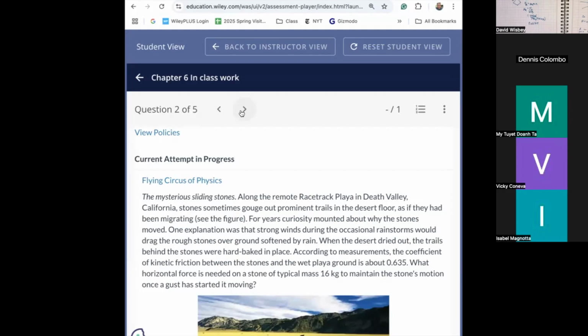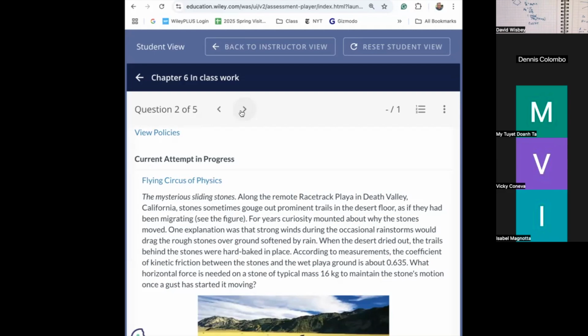The mysterious sliding stones along the remote Racetrack Playa in Death Valley, California. Stones sometimes gouge out permanent trails in the desert floor as if they had been migrating. For years, curiosity mounted about why the stones move. One explanation was that strong wind during the occasional rainstorm would drag the rough stones over the ground.